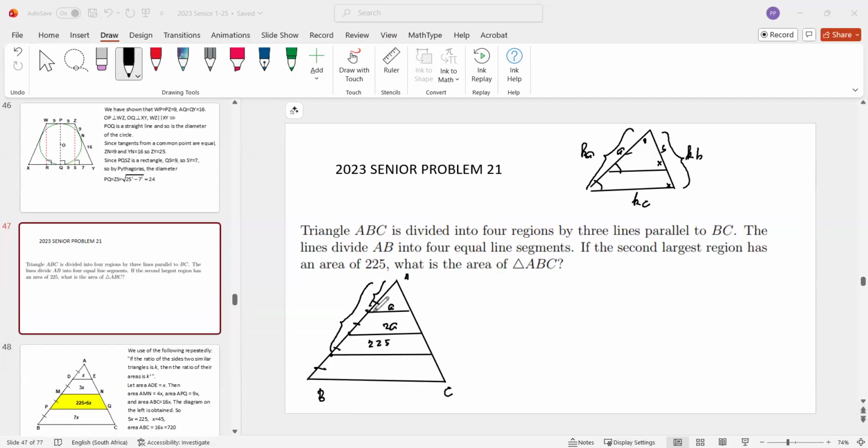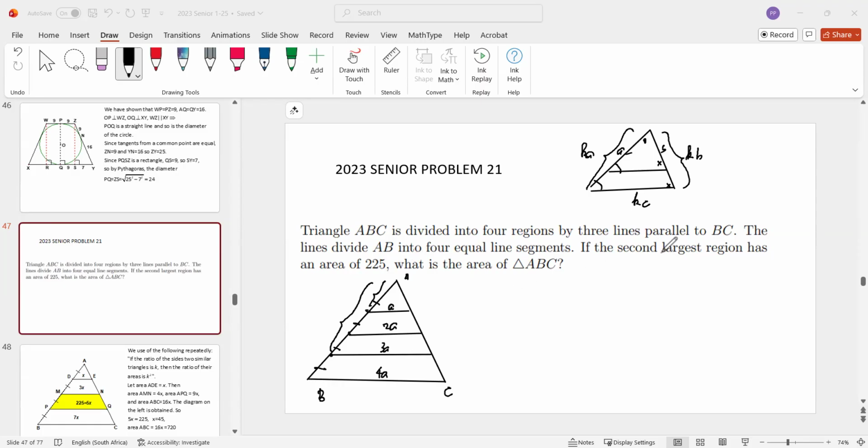That over that is 3. So therefore, if this is A, this will be 3A. I just want to take this 225 out. We'll come back to that. So this is 3A. And likewise, this whole thing over this piece is 4. It's 4 times that. So this will be 4A. Okay, so the sides of these triangles are A, 2A, 3A, and 4A.